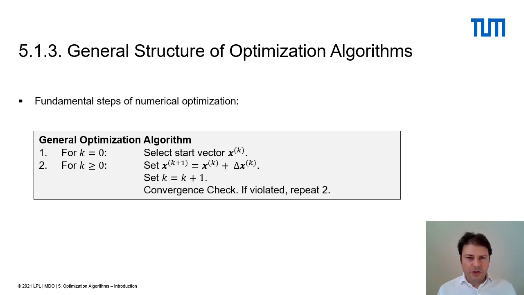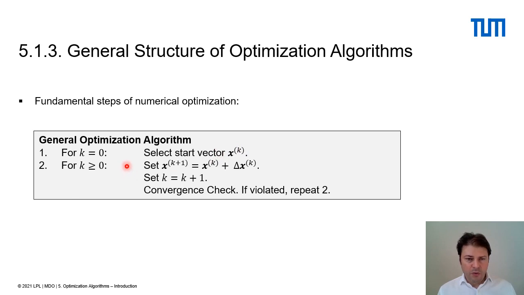The general structure of the optimization algorithms that we are talking about is shown here. So we will always select some start design vector, where k is the iteration index, and in the beginning k will be set to be 0.